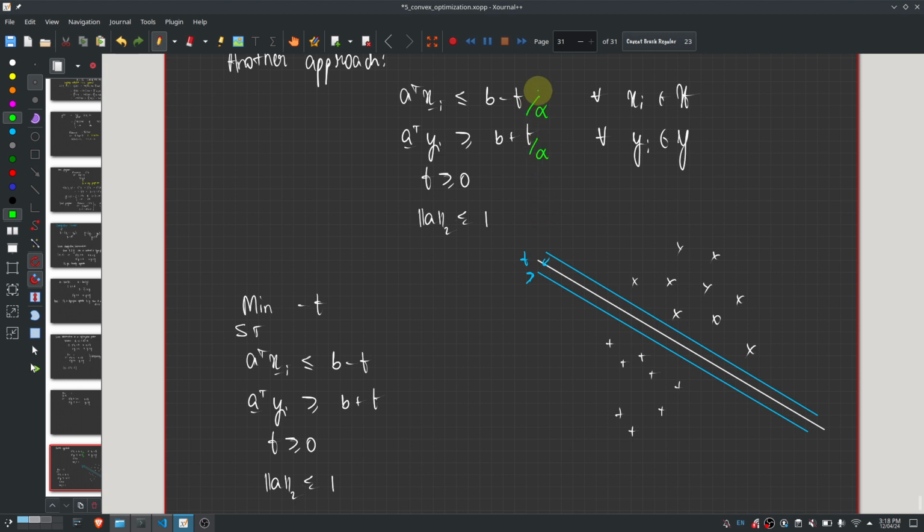So then this would not really be the true buffer size. Here's another exercise. Suppose that the norm of a is actually equal to 1.